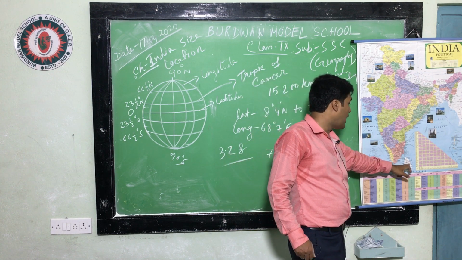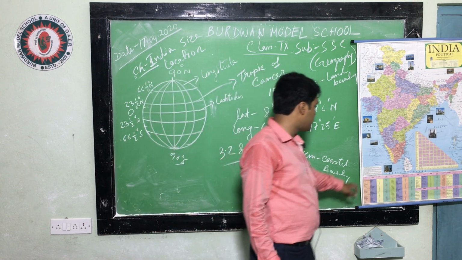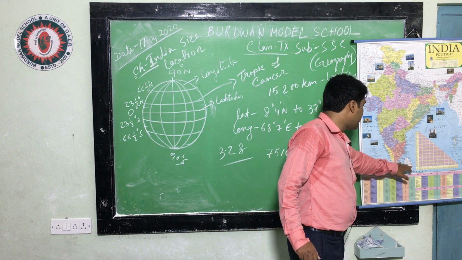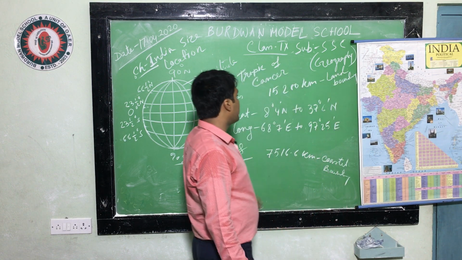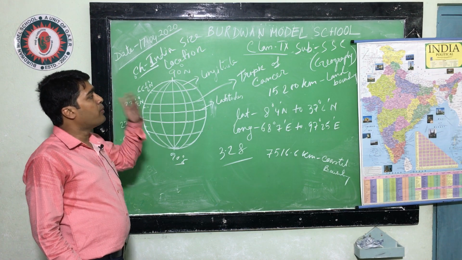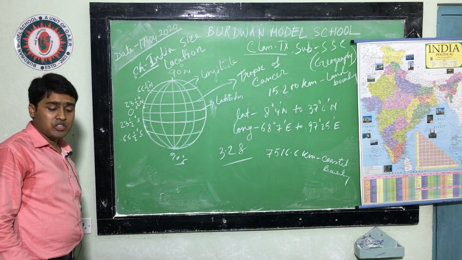But two island neighboring countries also exist: one is Sri Lanka, another one is Maldives. These two island countries are situated in the southern part. So this is the overall India's location as well as India's size.